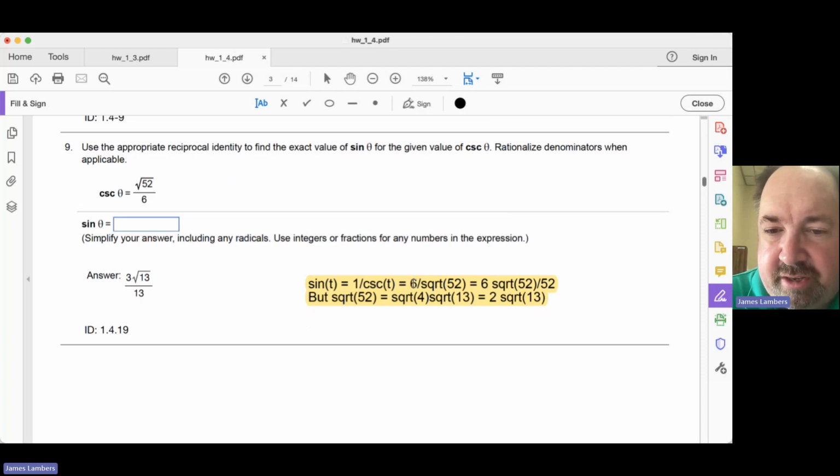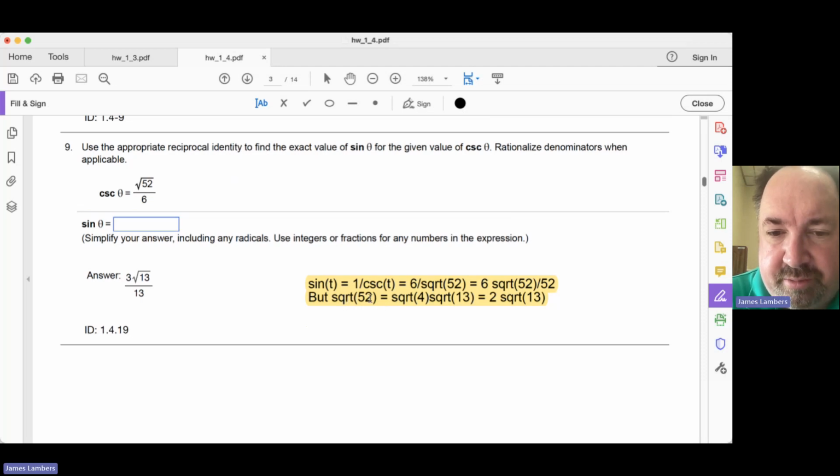So if I just go ahead and only deal with rationalization, I'm going to take this fraction, 6 over square root of 52. If I multiply the numerator and denominator by square root of 52, then I get 6 square root of 52 over 52. But this is not in simplest form, because 52 is equal to 4 times 13.